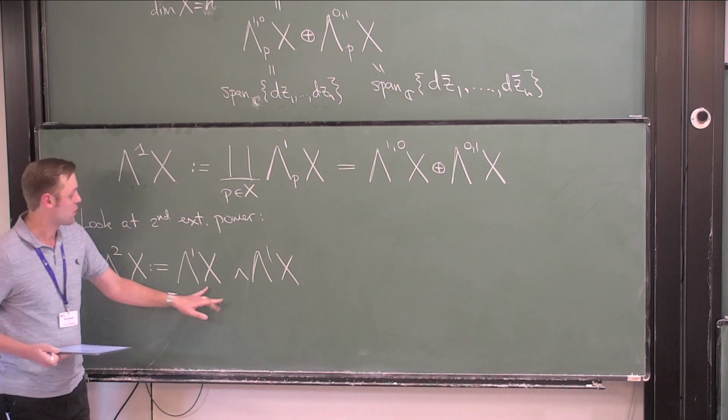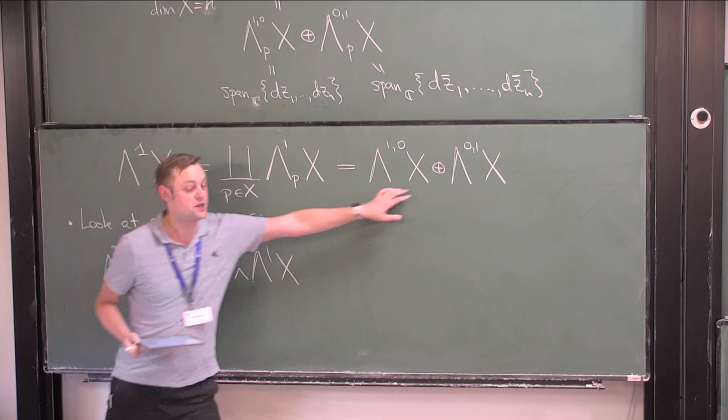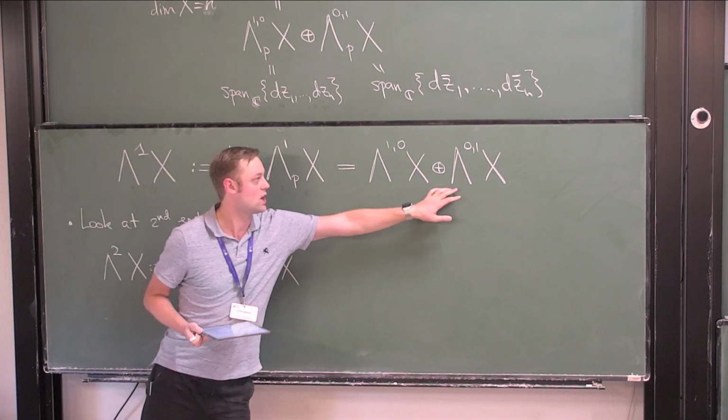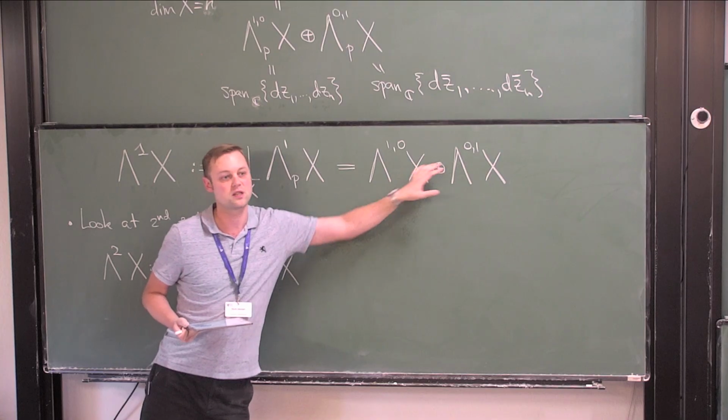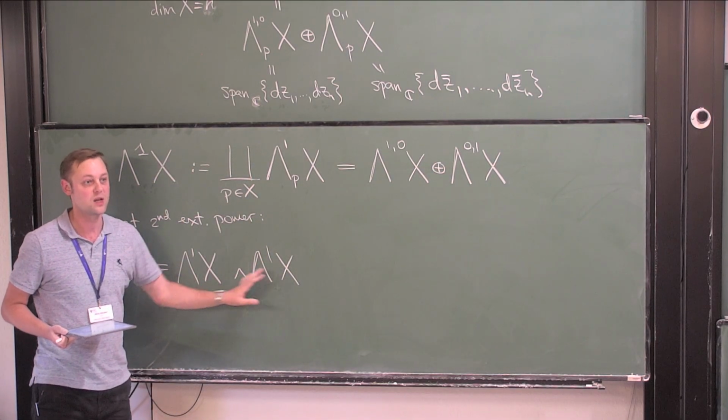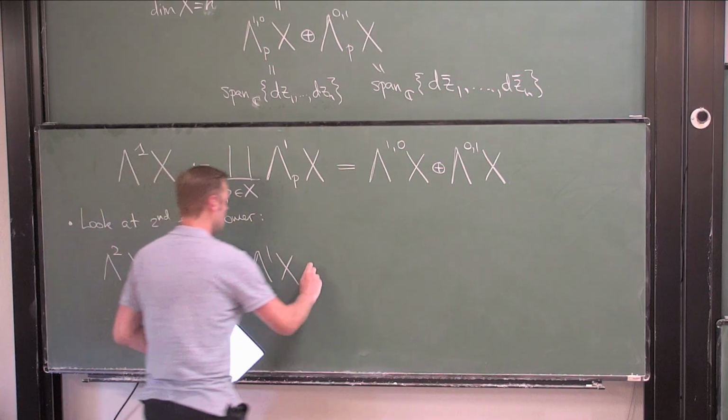And what I want to do is expand this in terms of this decomposition. Because lambda 1 of x has a decomposition into complementary subspaces, I expect this thing to decompose in some way as well. So let's see how that works.